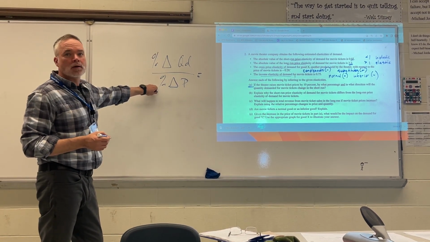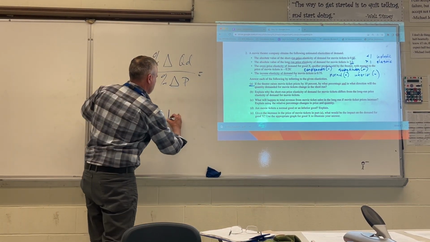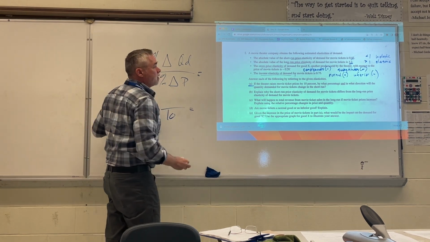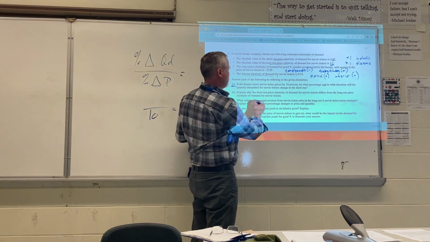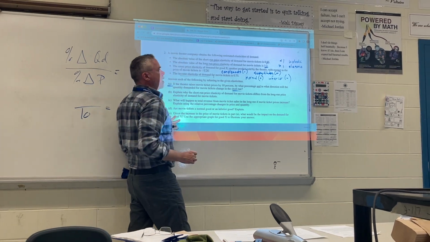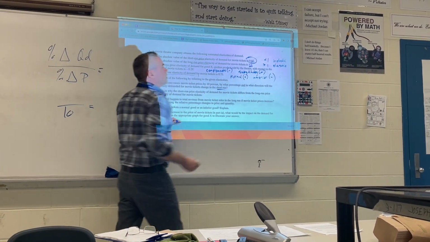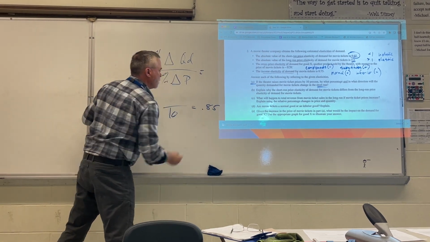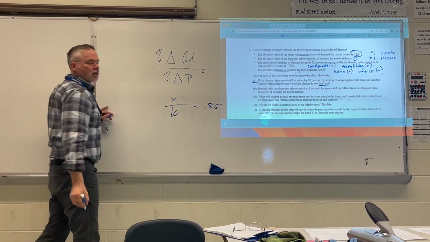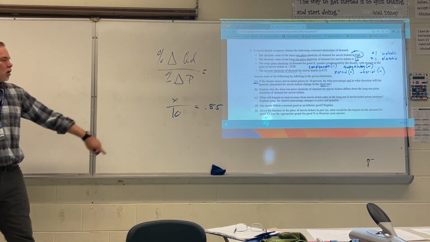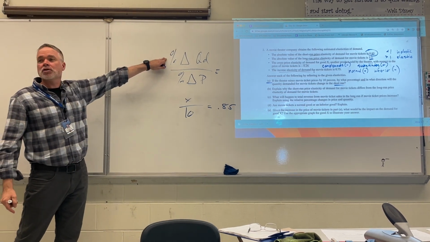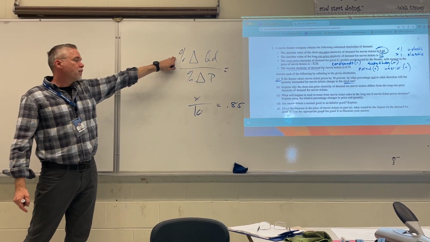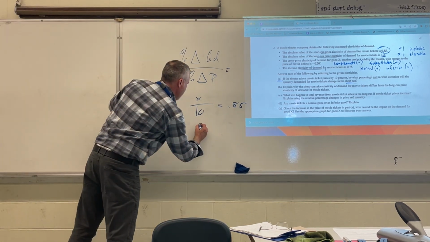So that would be down here, percent change in price, 10%. They tell you it's the short run right there. So our coefficient is going to be 0.85. So you just need to solve for x. Whatever number you come up with here, that's your percent change in quantity demanded. You do the math, it's going to come out to be 8.5%.